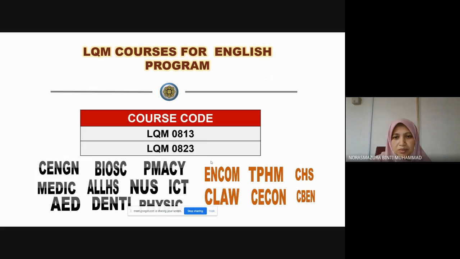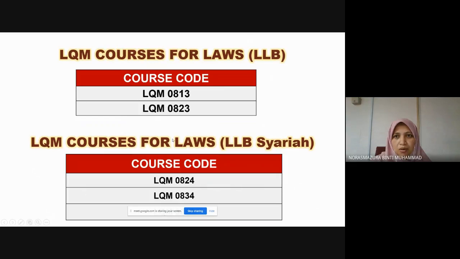So this is your program, and you should use this code. For law, Sharia or civil: if you are doing civil law, you only have to take two levels, LQM 0813 and LQM 0823.